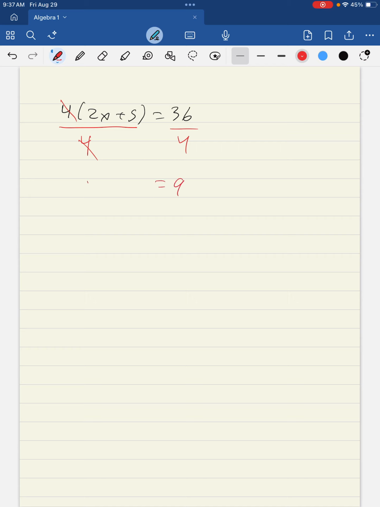So now I just have 2x plus 5 equals 9. And you can see the problem is significantly easier on this one. I can just go minus 5 both sides. And I have 2x equals positive 4. Divide both sides by 2. And I have x equals 2.